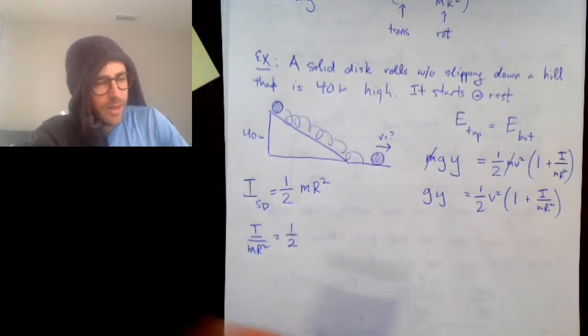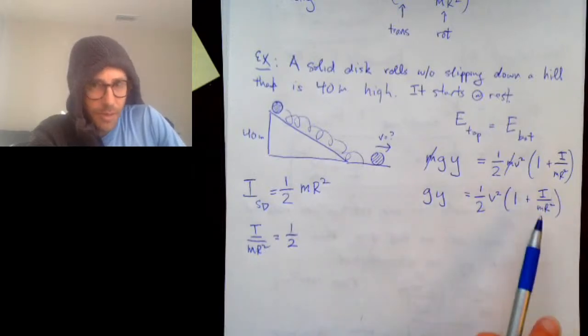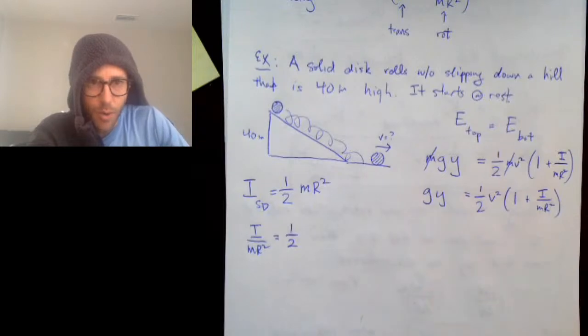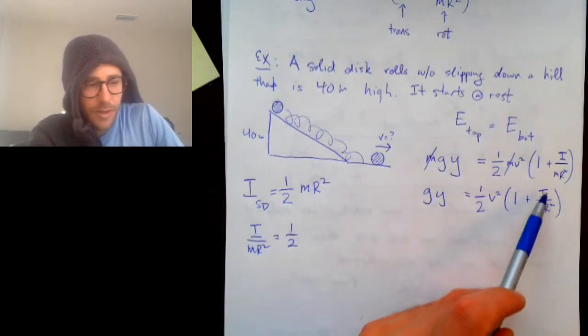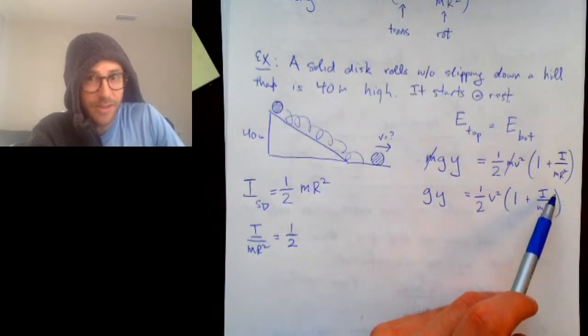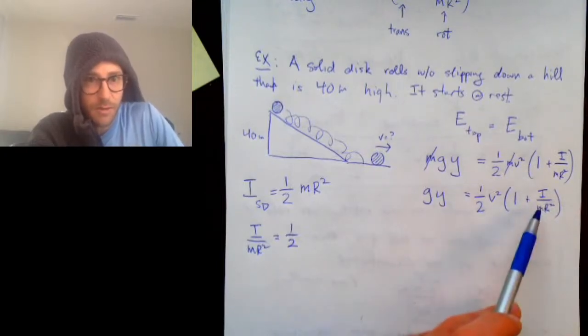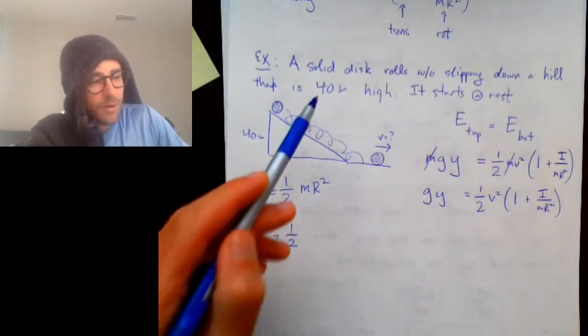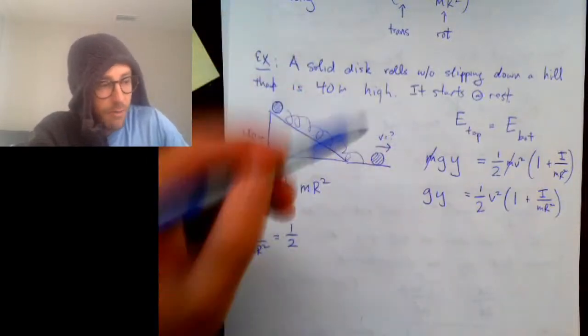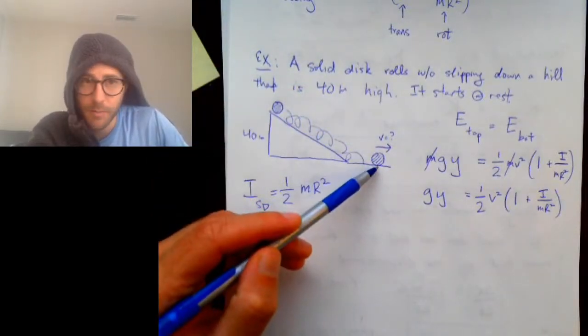Okay, so it kind of looks like our answer is going to depend on mass because you have m right here, but it actually won't depend on mass because inertia also depends on mass in such a way that the masses cancel out right here. Giving the mass of the solid disk was not relevant to how fast it's going at the bottom.